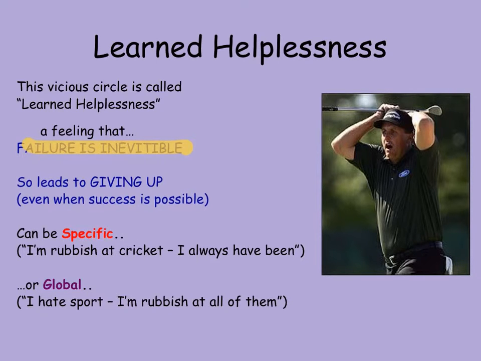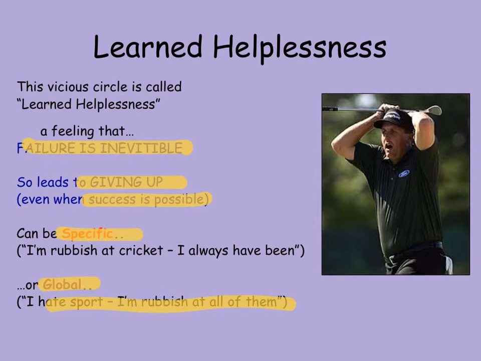It doesn't matter what they do, how well they play, how hard they try, they will fail. That's what the person in learned helplessness thinks. The impact on behaviour is that this leads to giving up easily, even when success is possible. And the two types: we have specific, which can be around a particular skill or a particular sport, or it can be more global, where you basically think you're rubbish at everything.